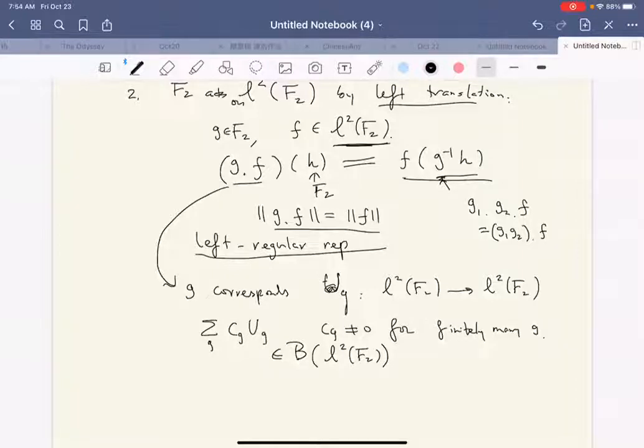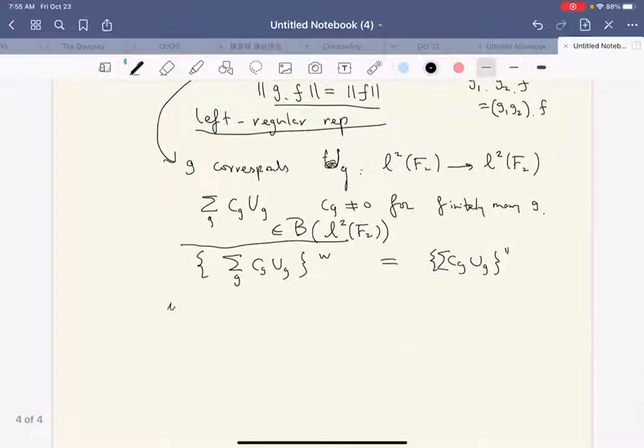Then we can take the double commutant, which by von Neumann's theorem is the same as the weak closure. So if I take the sums of C_G U_G and take the weak closure, that's the same as taking the double commutant. This is a von Neumann algebra.